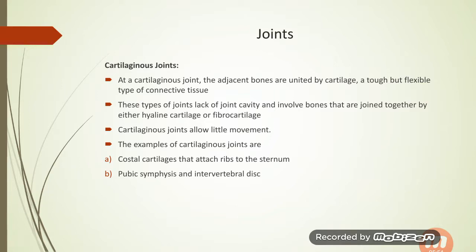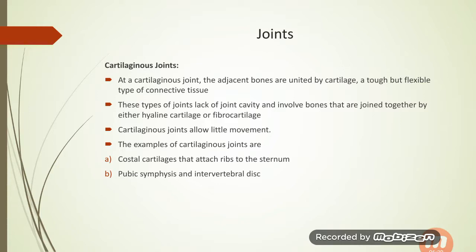The second type of joints are cartilaginous joints. These joints occur at the adjacent bones which are united by a cartilage. A cartilage is a tough but flexible type of connective tissue.